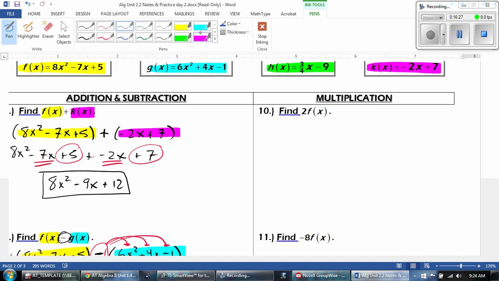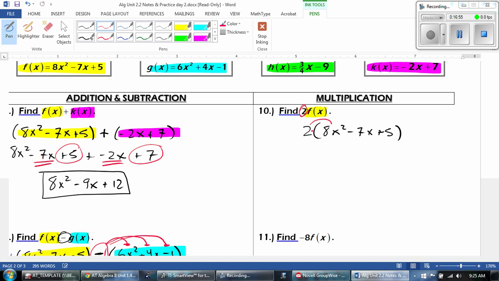So pay attention to the front right here because it's saying, hey, I have 2 f of x's. So I'm going to make sure that 2 is there, and then I'm going to write down f of x, which is 8x squared minus 7x plus 5, which means 2 times.